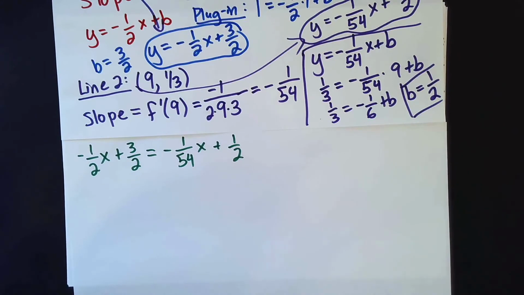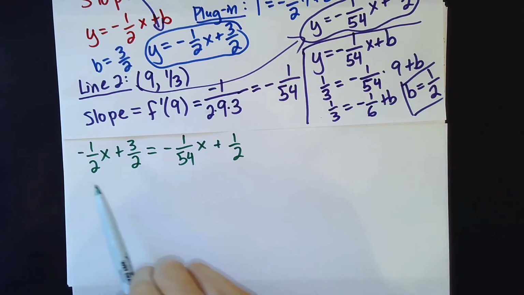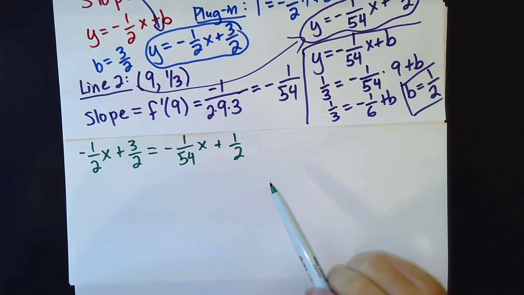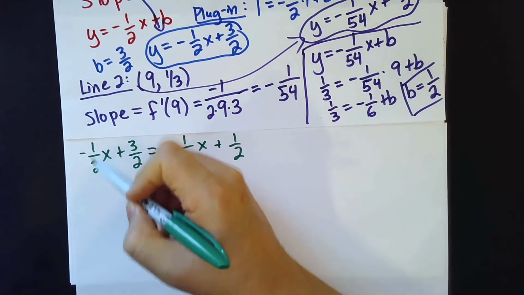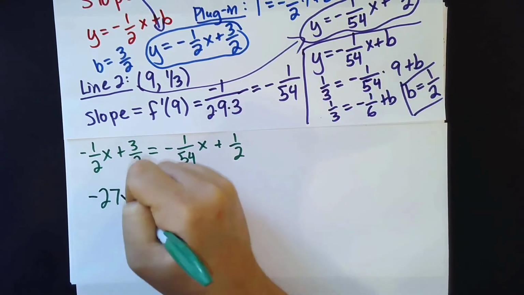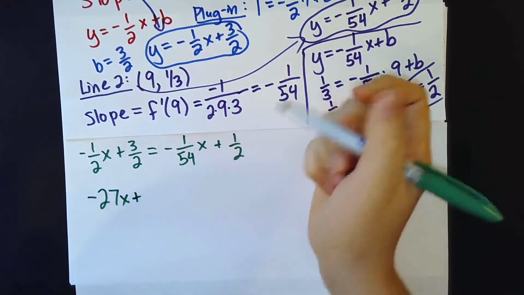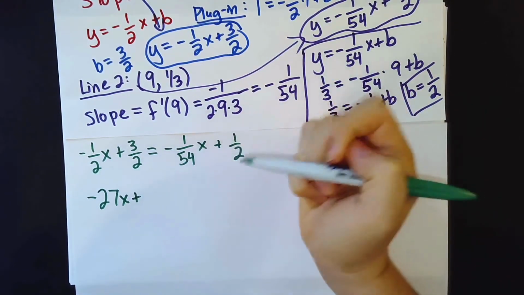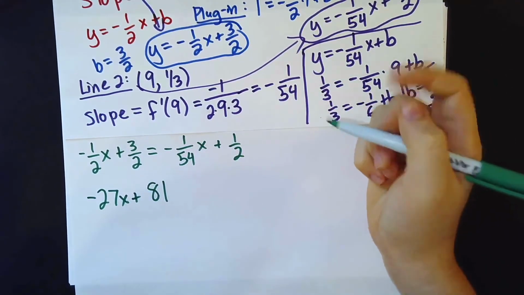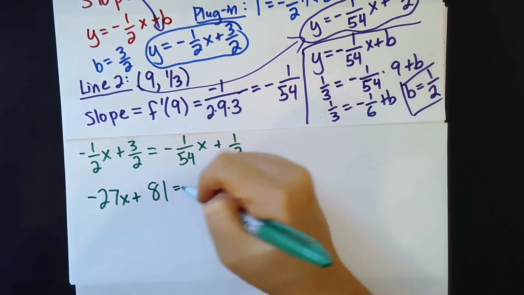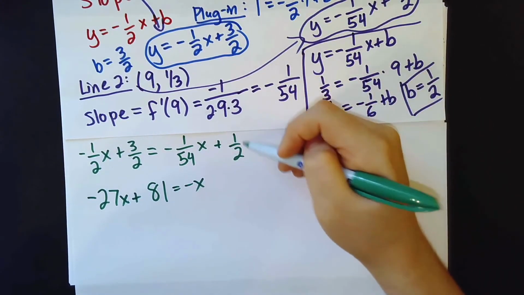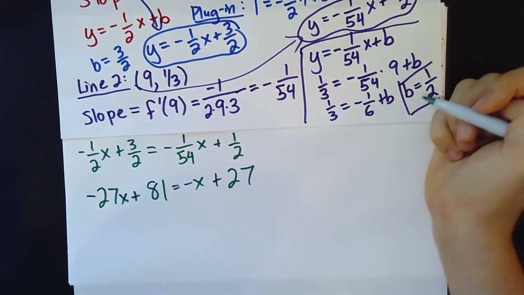Now, I don't really want to deal with all of these fractions, so I'm going to multiply through by 54, which is going to clear out all of my denominators. Okay, so when I multiply this minus a half by 54, it's going to give me a minus 27x, plus this is going to give me a 3 times 27, which is 81. This is going to be just minus x, plus, and then this is going to be plus 27.